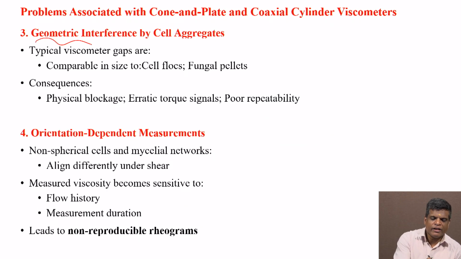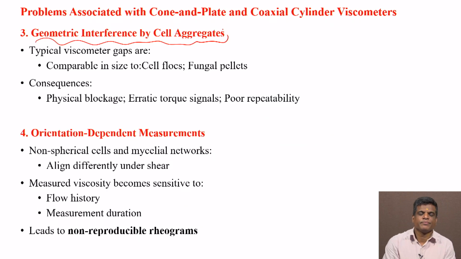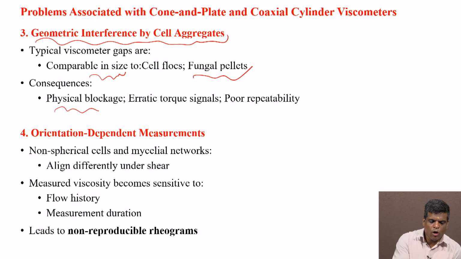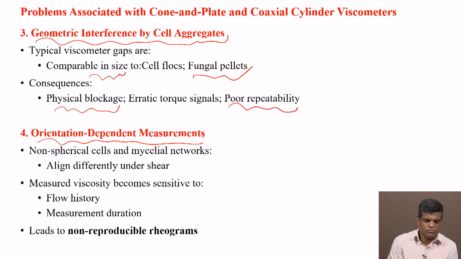Then there is geometric interference of the cell aggregates. The gaps in typical viscometers are of comparable size to fungal pellets, so physical blockage occurs, and sometimes poor repeatability. The same applies to orientation-dependent measurements.